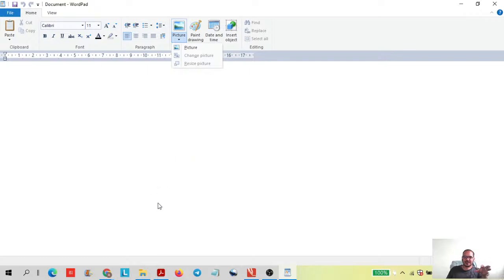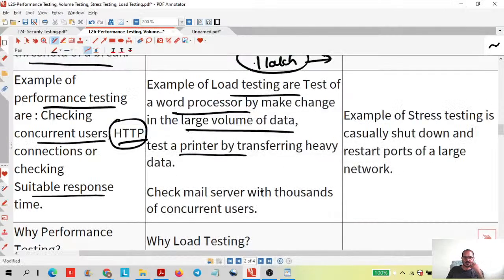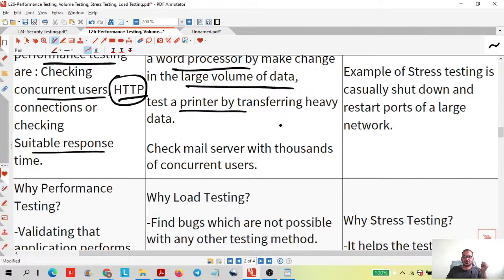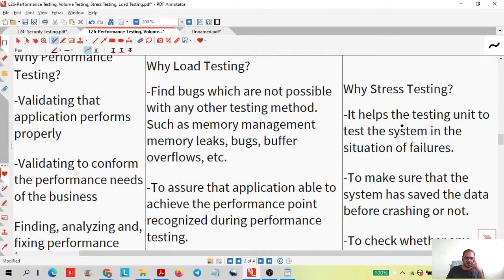If we add these in this WordPad, then it won't work properly, because of the heavy size, heavy load. Stress testing is like casually shutting down and restarting the ports of a large network. So performance testing validates that the application performs properly and confirms the performance needs of the business.